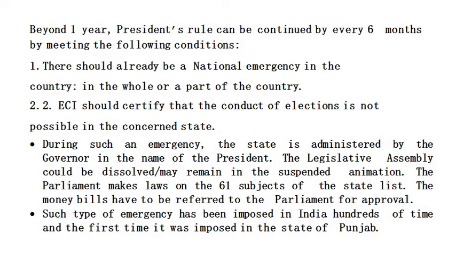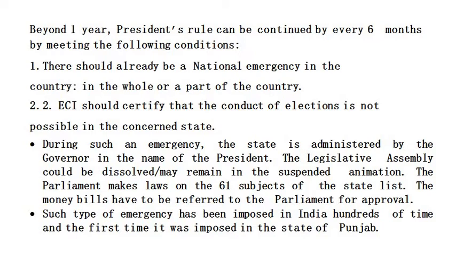That means if a national emergency is invoked in India, or the Election Commission of India certifies that in a particular area the election will not be possible for the concerned state.